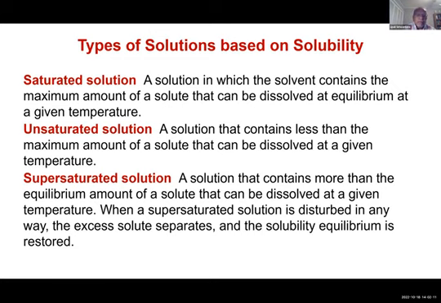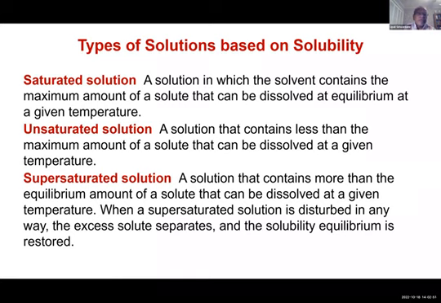What happens is when a supersaturated solution is disturbed in any way, sometimes by small dust particles or adding a small amount of crystals of the solute, solubility equilibrium is restored. That means excess solute precipitates out, leaving the supersaturated solution to become a saturated solution with excess solute as solid.